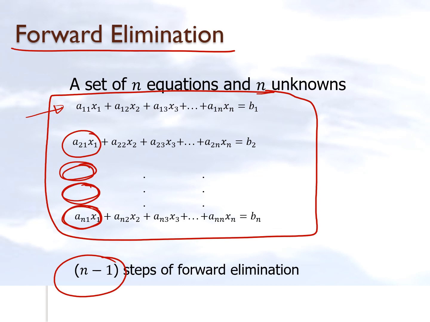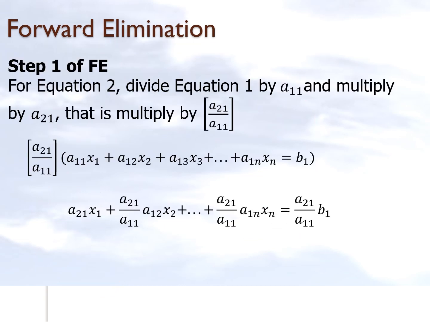So let's go and look at it step by step. Here we have what we were talking about. We're going to take the first equation, divide it by a11 and multiply by a21, which is the coefficient of x1 in the second equation.